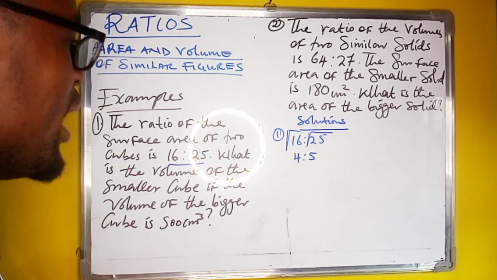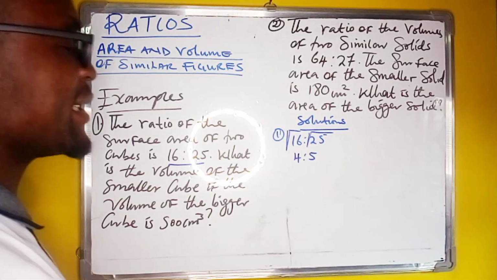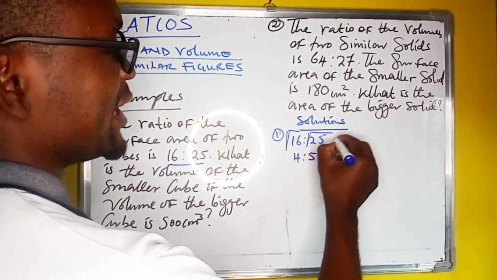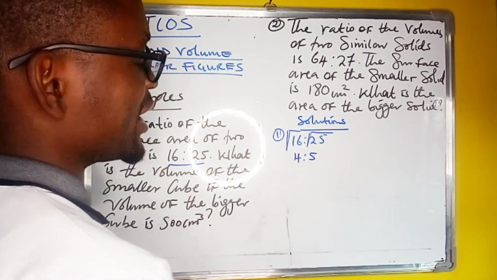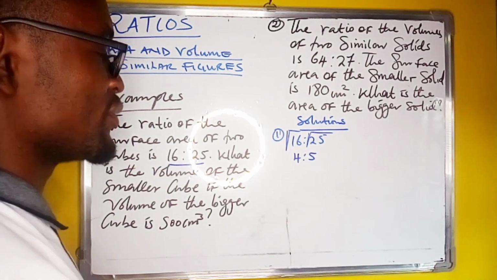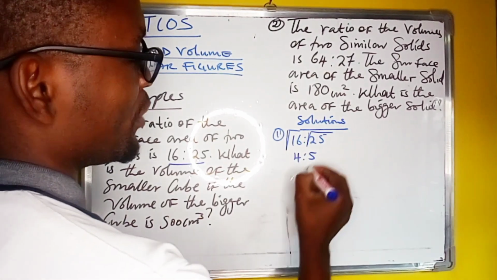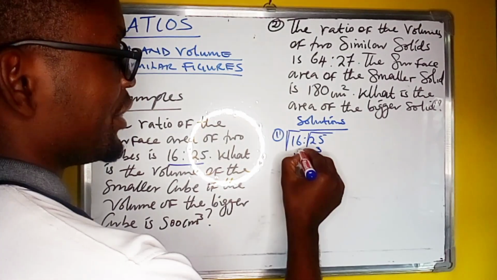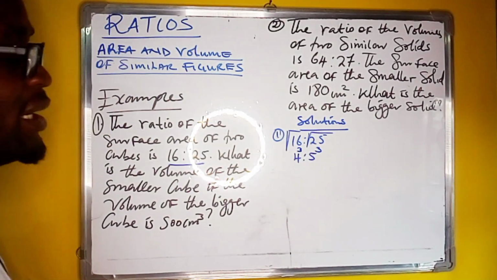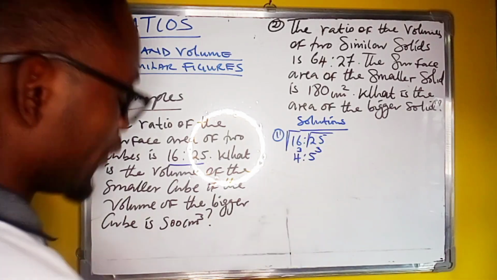Okay? Then once you do that, this is the ratio in terms of area. Then let's find the ratio in terms of volumes. In terms of volume, we need to raise this to the power 3. Now, what is 4 times 4?